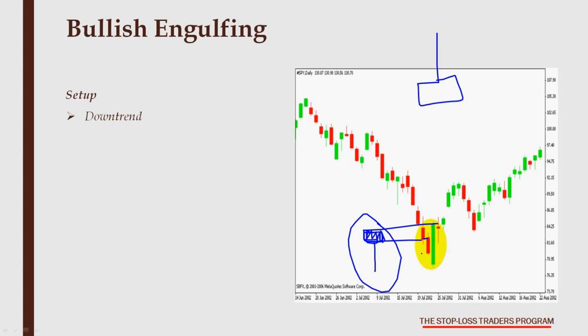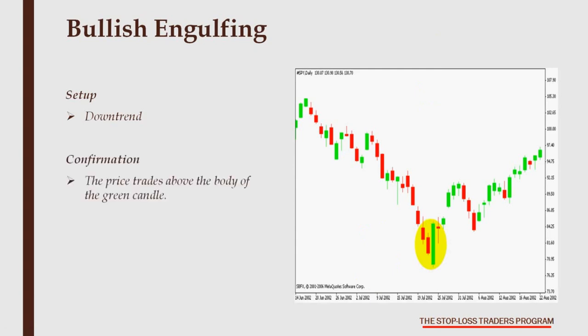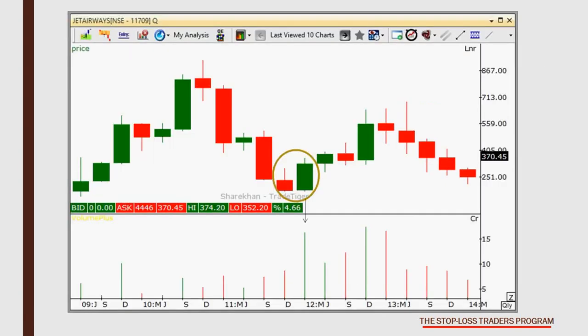But the application of the trading part remains the same, friends. Now this in itself is a very strong pattern, so we don't require the conventional confirmation here. Like this here, Jet Airways, it was a quarterly chart. And yes, friends, one more thing. The ideal case is where you have the first candle with a small body, the second candle with a big green body completely engulfing the previous candle, and the volume should also be big compared to the previous candle.